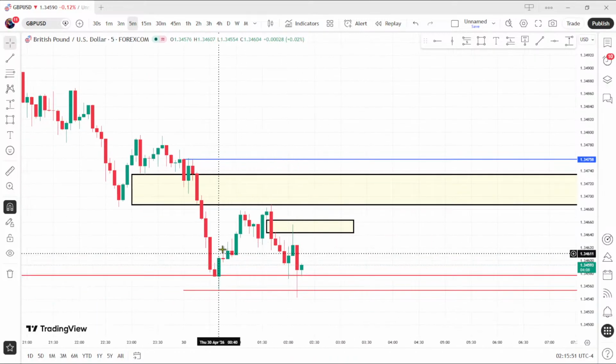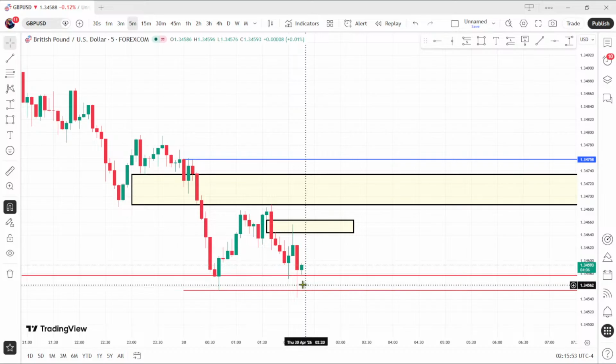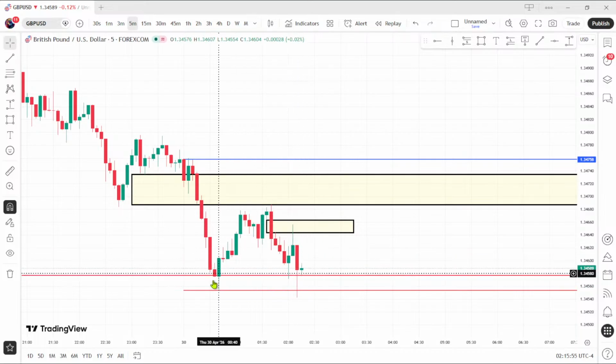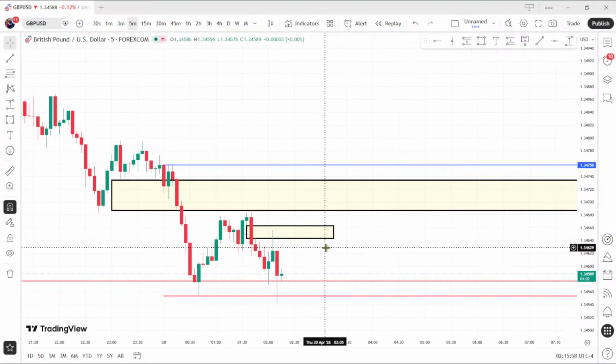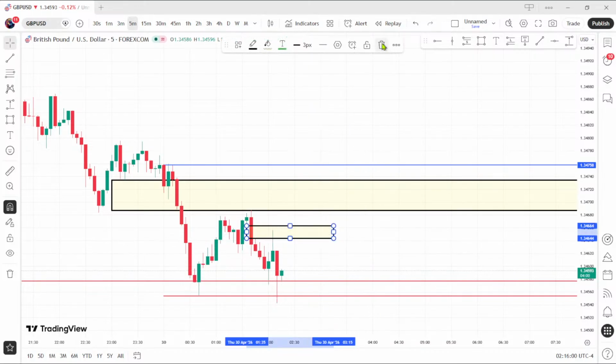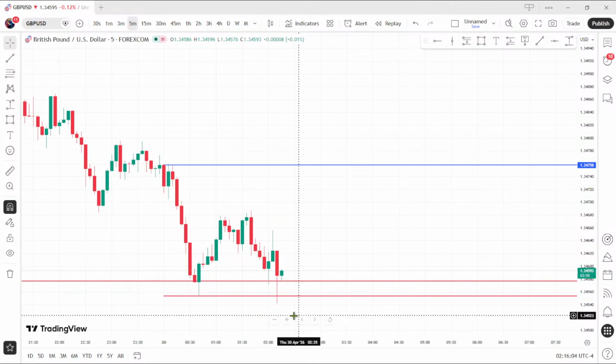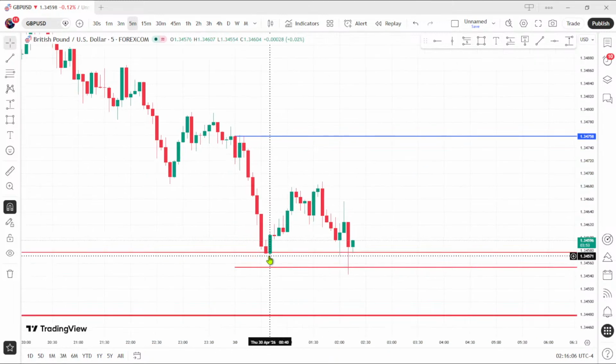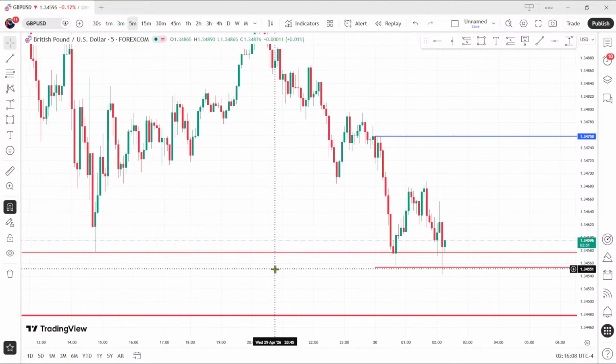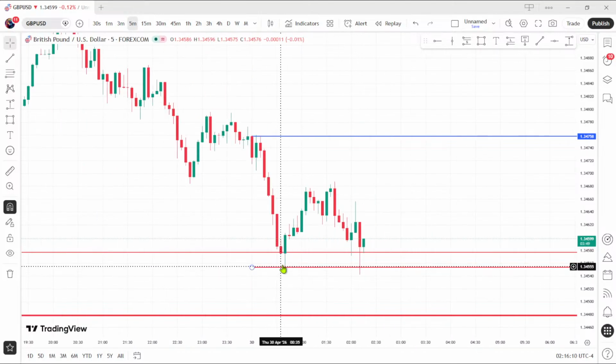It has swept an hourly sell side liquidity. This is to say selling the fake runs. You see the false breakouts.